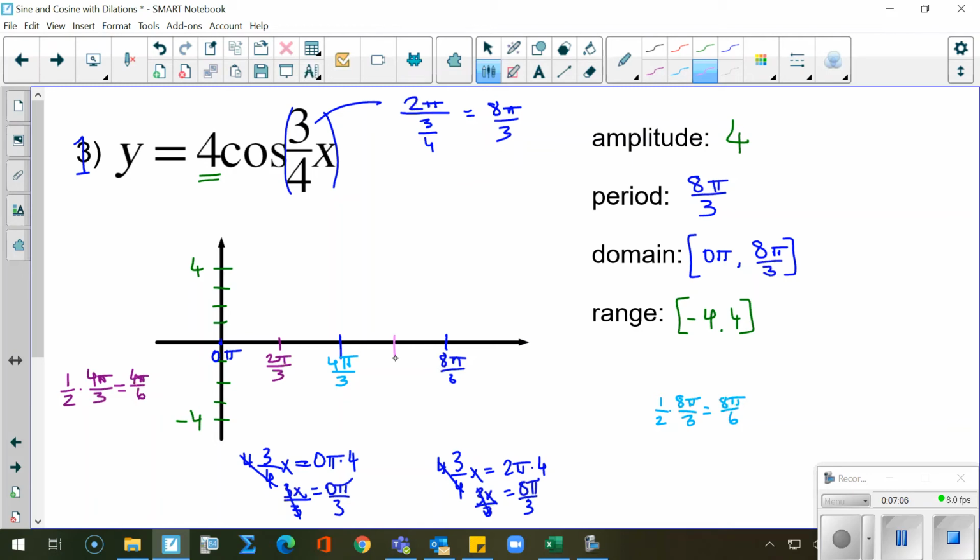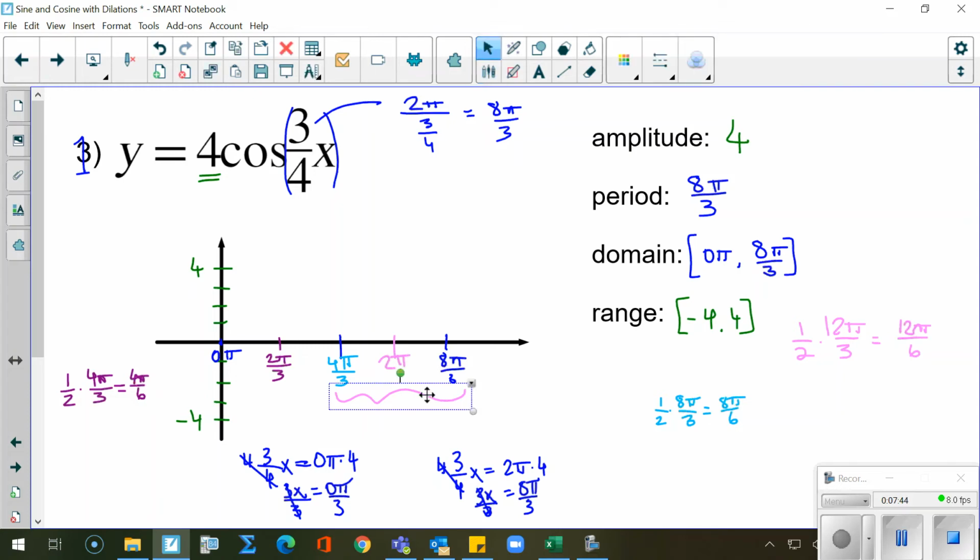I'm finding an average between these two. So I'm going to add those up. 4 pi over 3 plus 8 pi over 3 is 12 pi over 3. Divide by 2, which means take half. That gives us 12 pi over 6, or 2 pi. So you're always finding an average. If the numbers are a little difficult, you just add them up and divide by 2.